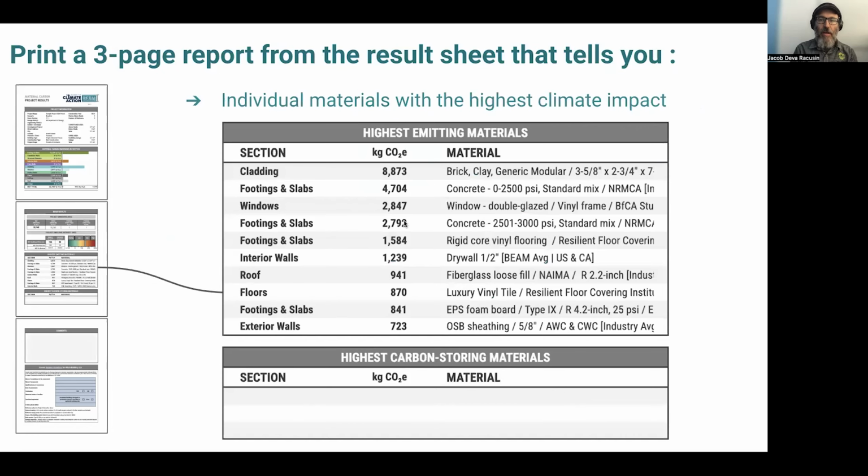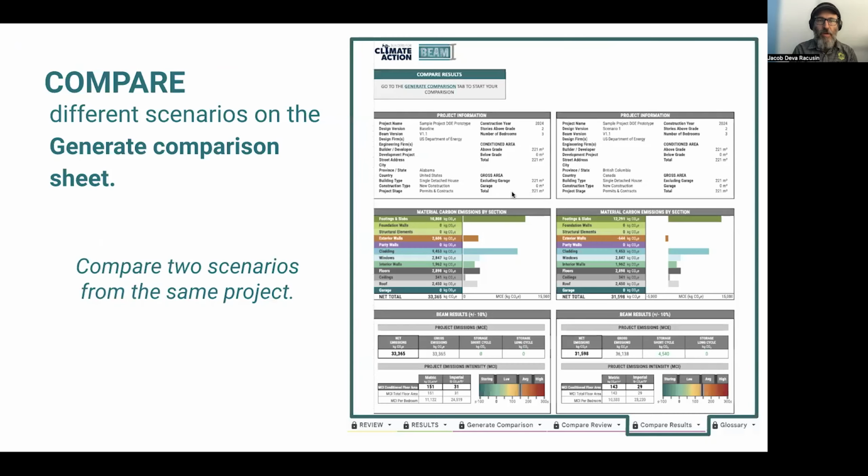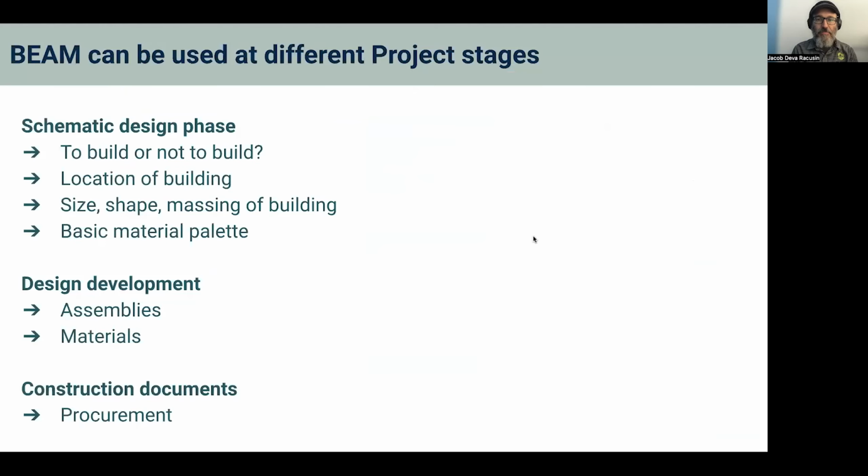We give a profile of the highest emitting materials, as well as the ability to compare across multiple different scenarios to look at a baseline and an improved scenario within a given project type.